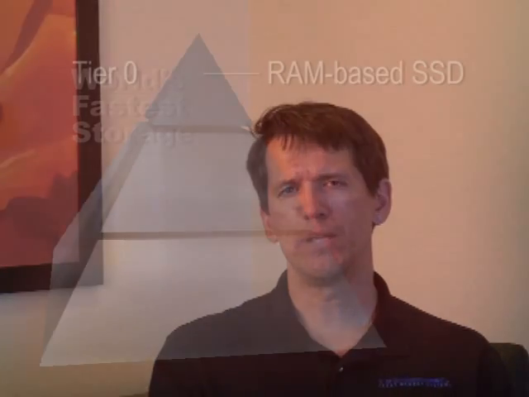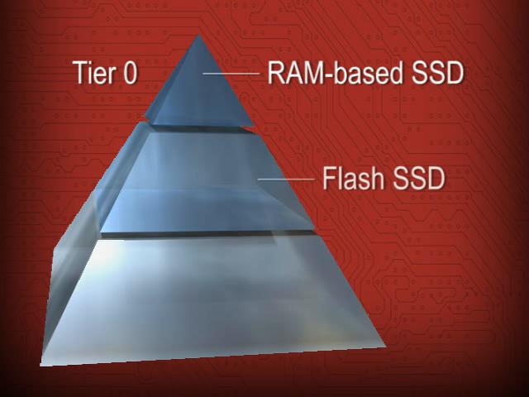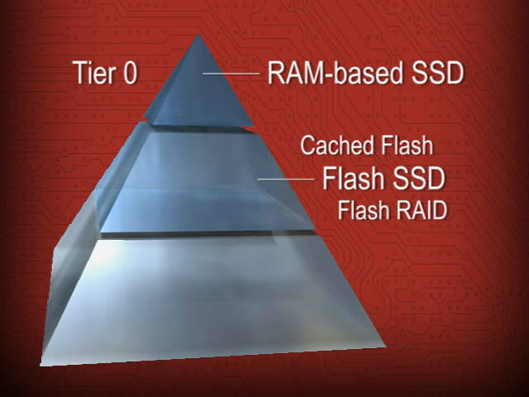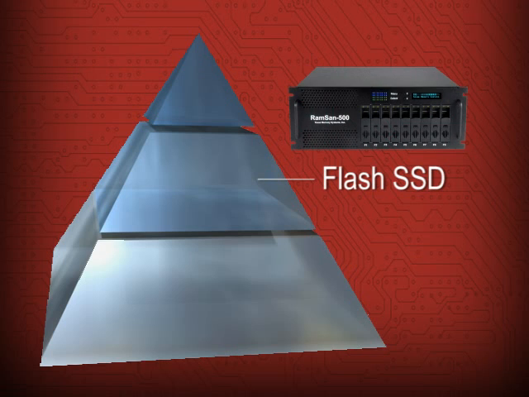Right under that, and I tend to jokingly refer to it as tier half, would be flash-based solid-state disks. These systems can be cached flash or not cached. Today, a good example of that tier would be our RAM-SAN 500 system. Below this, you'll find that there are many flash vendors offering hard disk drive form factor flash products, which are being incorporated into enterprise RAID enclosures.